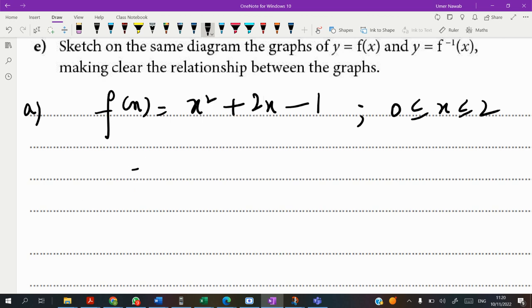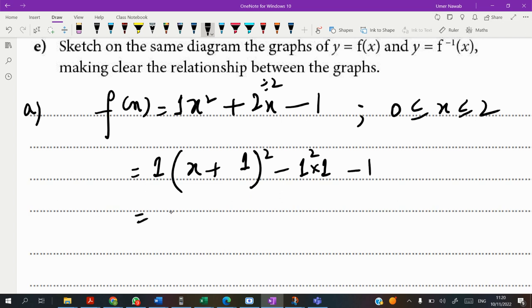The manual technique: what is the number here? 1. X plus 2 divided by 2, it is 1. Squared, minus whatever the number seen here, minus 1 squared, times 1 and minus 1. So what is the answer? We got it: x plus 1 whole squared, minus 1 minus 1 is minus 2.